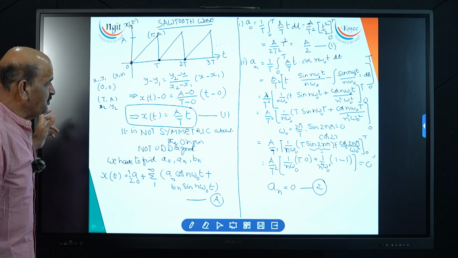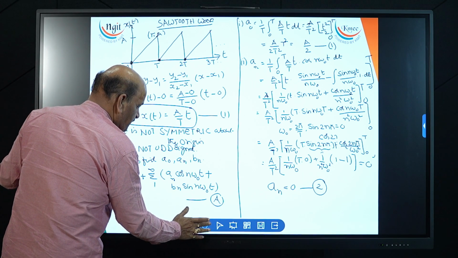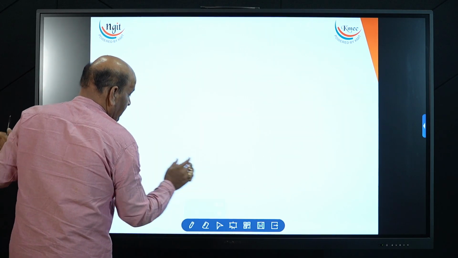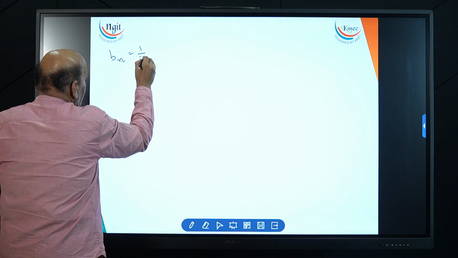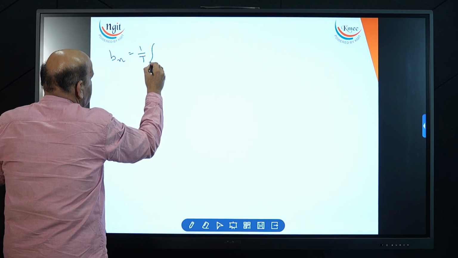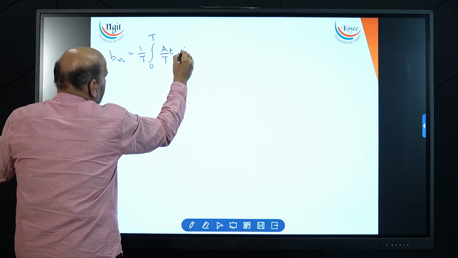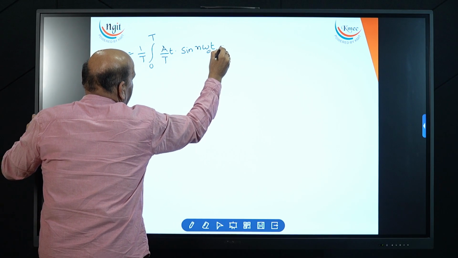Next we have to substitute bn value. So I am erasing because of the lack of space here. Now finding bn. Now bn equal to 1 by T integral 0 to T the function A by 2 into T into sine n omega naught t dt.